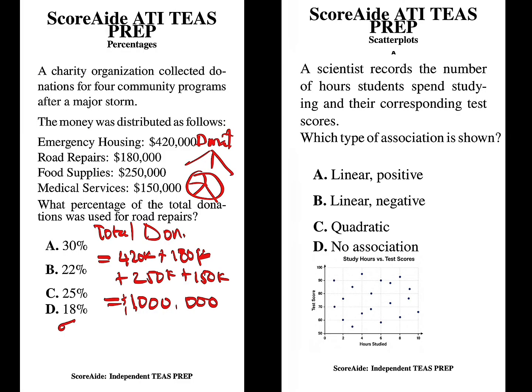So the percentage of road repairs is going to be equal to what donation was put into road repairs? How much was put into road repairs? It was 180,000 divided by 1 million times 100%. Calculating this, it will give you 18%, right? And the answer is D. Perfect.